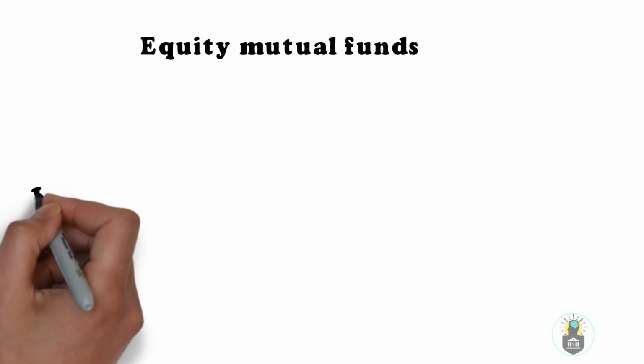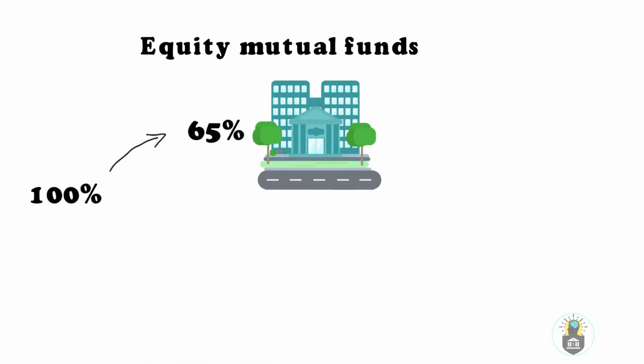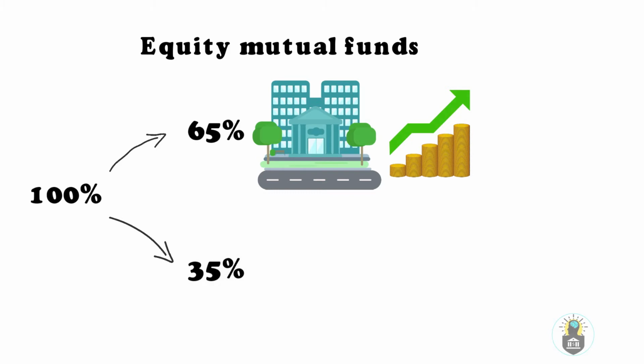Equity mutual funds. Here, the main source of investment is in stocks or equity oriented instruments. To be specific, usually 65% of the pooled-in money from investors is invested in stocks at any cost.